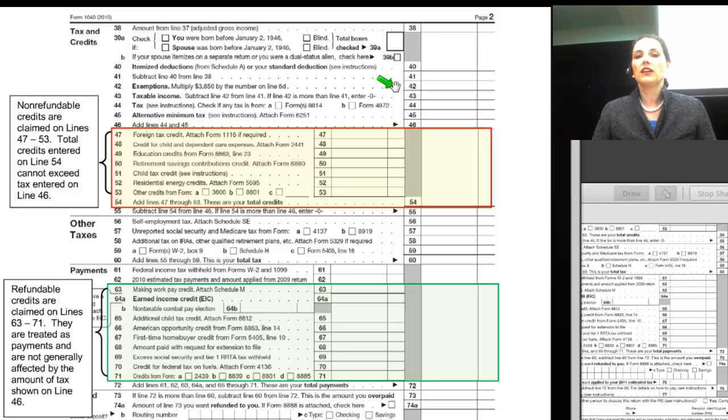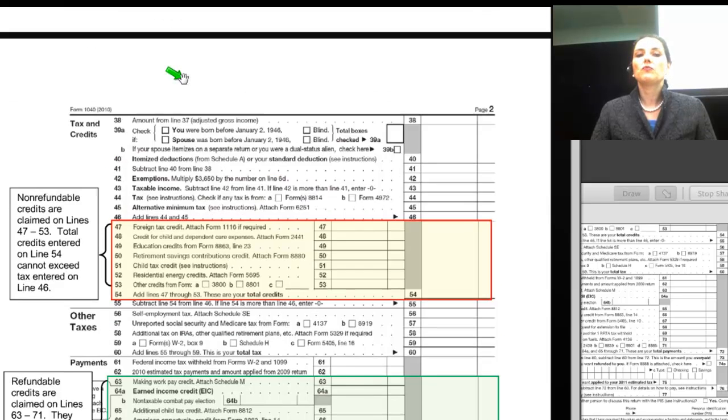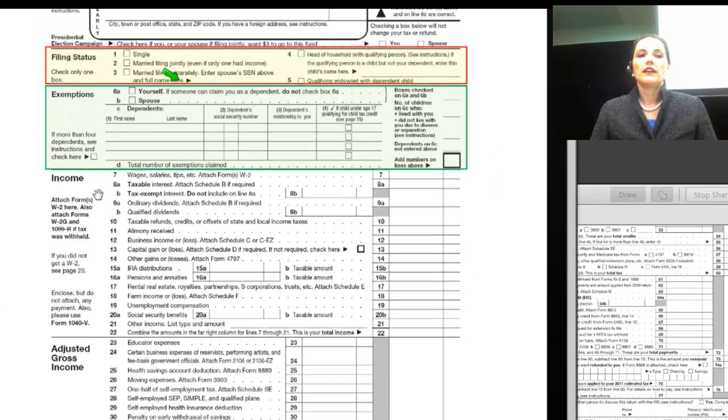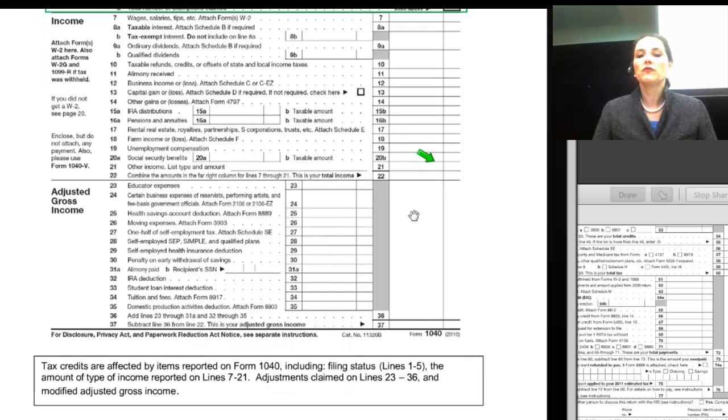Exemption deductions are entered on line 42, and you can see that we take $3,650 and multiply that by the number of exemptions listed on page 1 of the Form 1040. So if we have in the exemption section that we've checked the box for ourselves and we've listed one dependent here, then we would say we have 2 exemption deductions that we're eligible for.